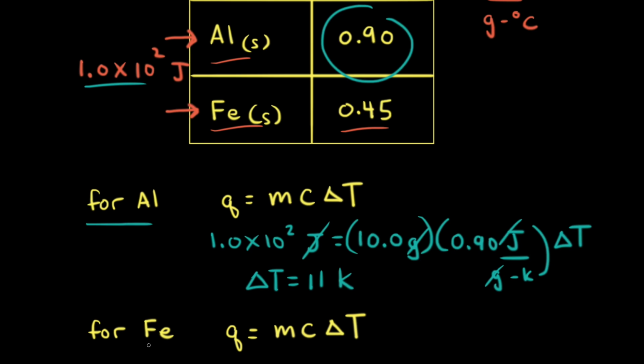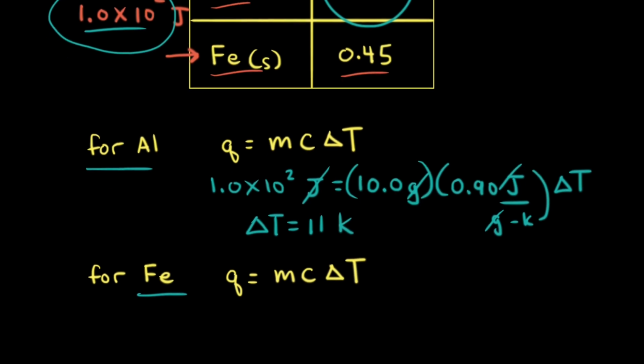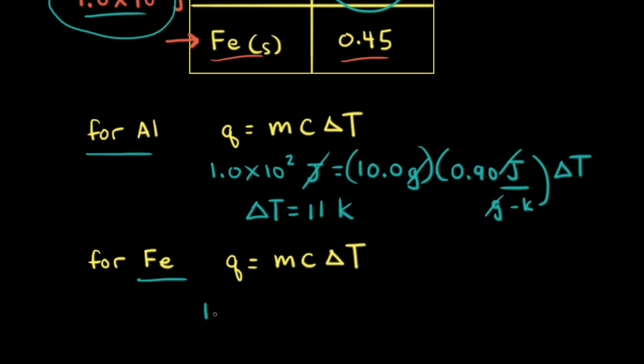Next, let's do the same calculation for iron. So we're adding the same amount of heat, so 1.0 times 10 to the second joules of energy. So we can plug that in, 1.0 times 10 to the second joules. We're dealing with the same mass, so we have 10.0 grams of iron.